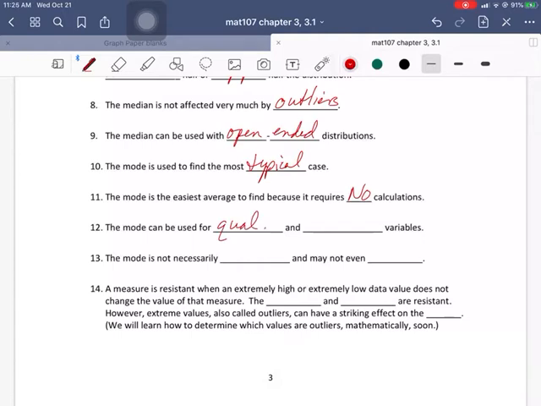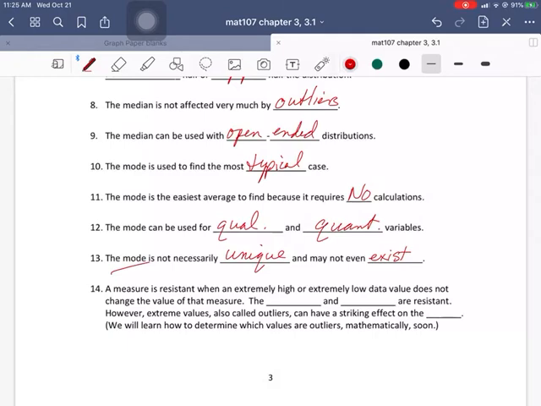The mode can be used for qualitative data and quantitative data, both kinds of variables. The mode is not necessarily unique, and may not even exist, as in, you might not have a mode if all the data values are different.